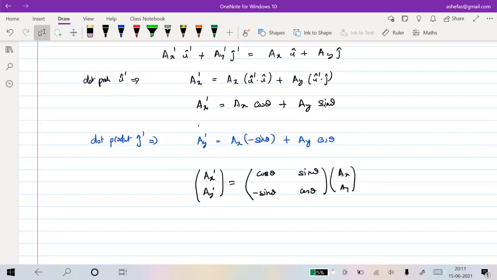In another way, we can write A prime equal to R of theta acting on A. So this R we can call an operator.